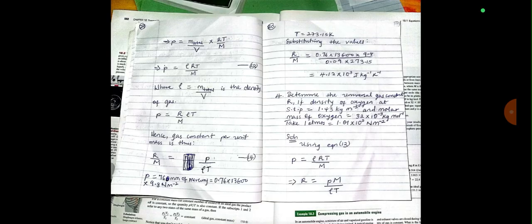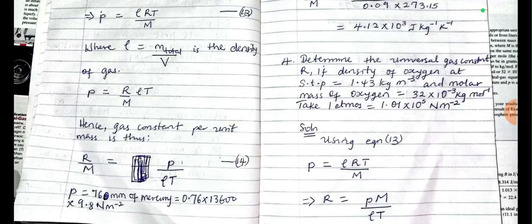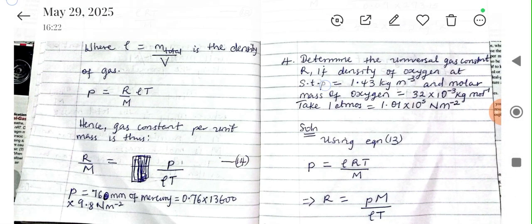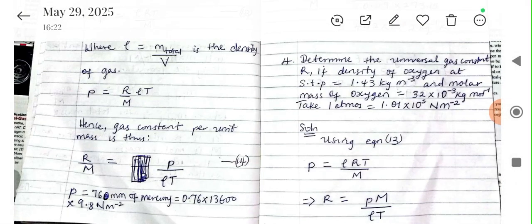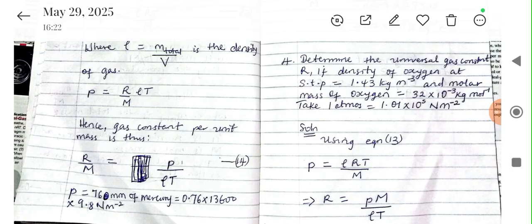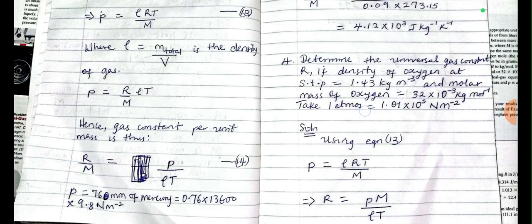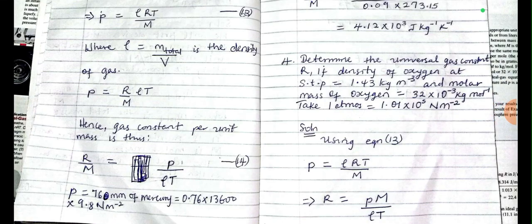So the fourth example there: determine the universal gas constant R if the density of oxygen at STP equals 1.43 kilogram per meter cube and the molar mass of oxygen is 32 times 10 to the power minus 3 kilogram per mole. And then we take the pressure at the standard pressure, which is 1 atmosphere.